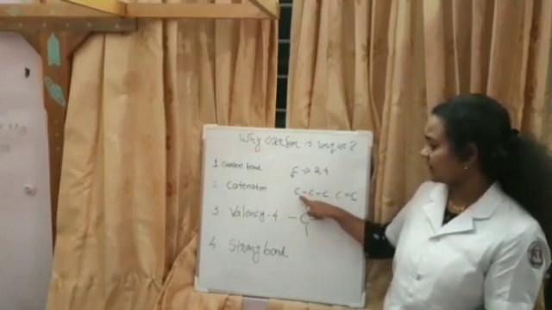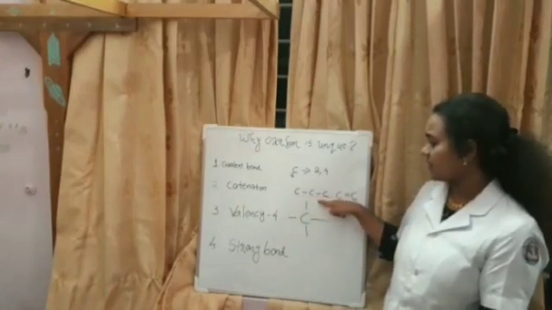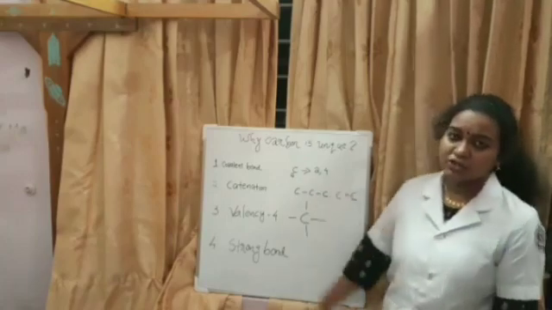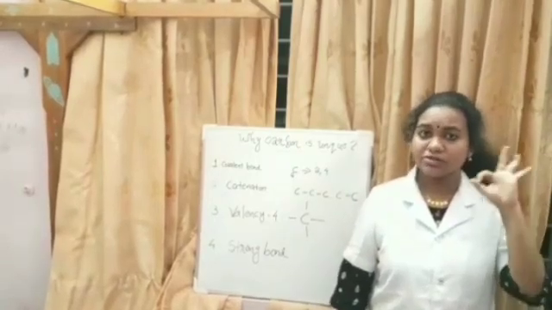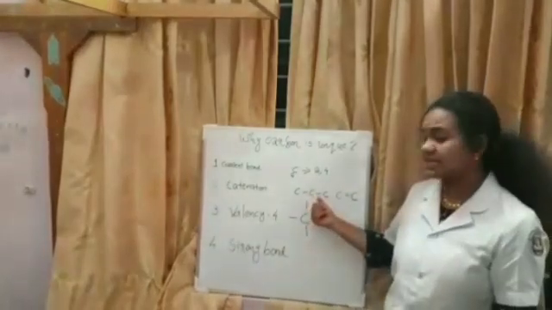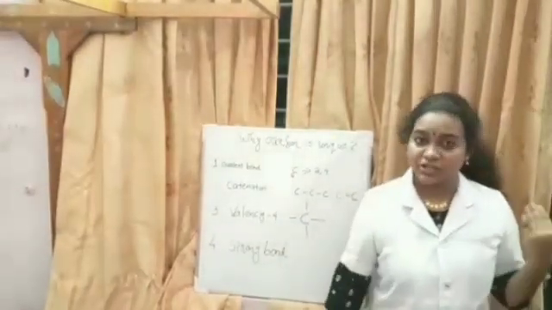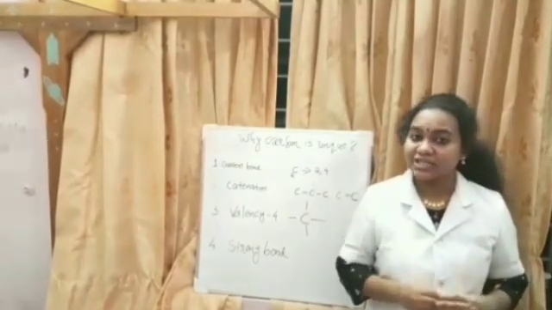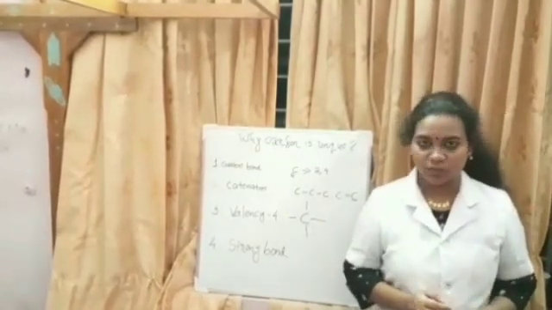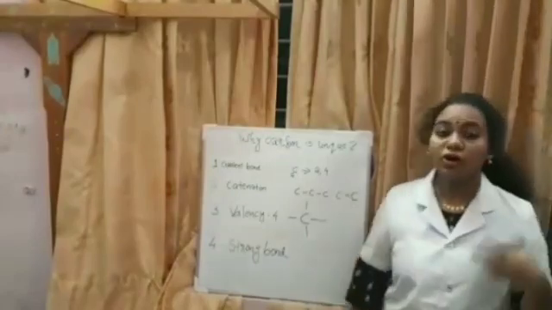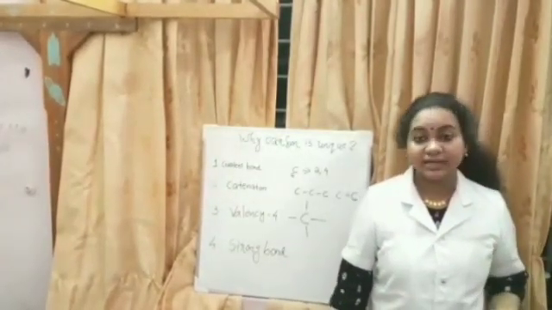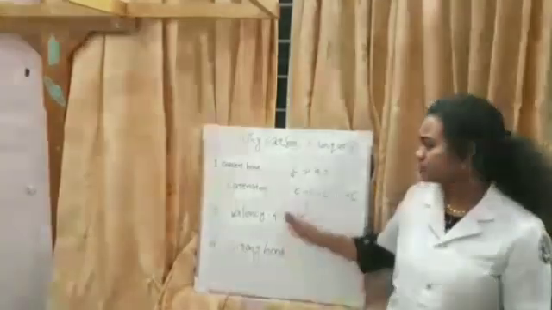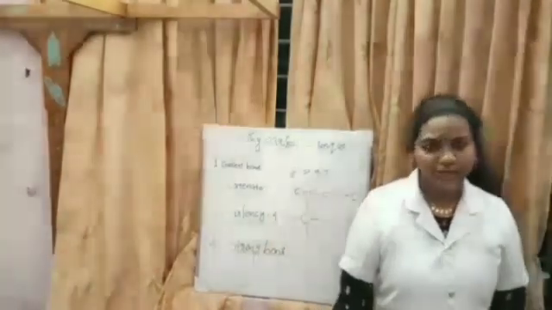This carbon can attach with this carbon and this carbon can attach with another carbon. So it can make 3 types of bond here: single bond, double bond, triple bond. If it is a single bond, such compounds are known as saturated compounds. If it is a double bond or triple bond, we call them unsaturated carbon compounds.